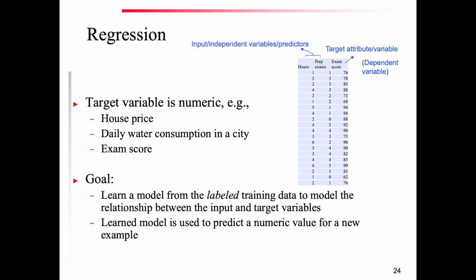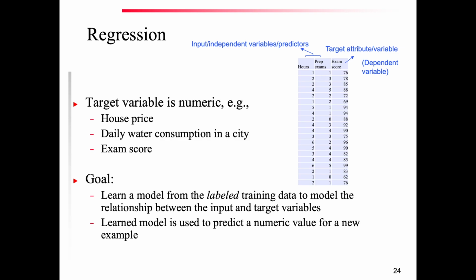So what is the dependent variable here? Your target. So what you are going to predict, that is going to be your dependent variable. And independent variables are all those variables or attributes that are helping you for that prediction. So in this case, for example, the preparation exams.